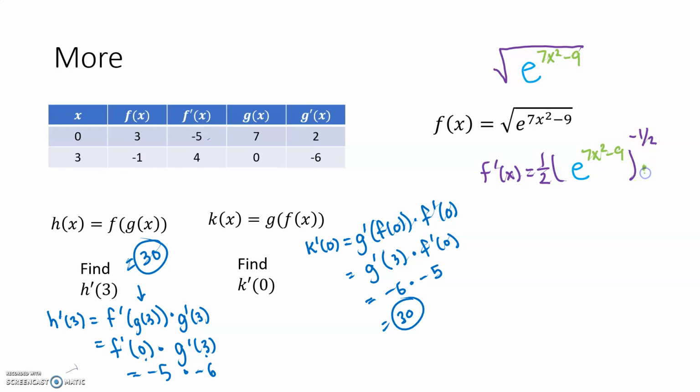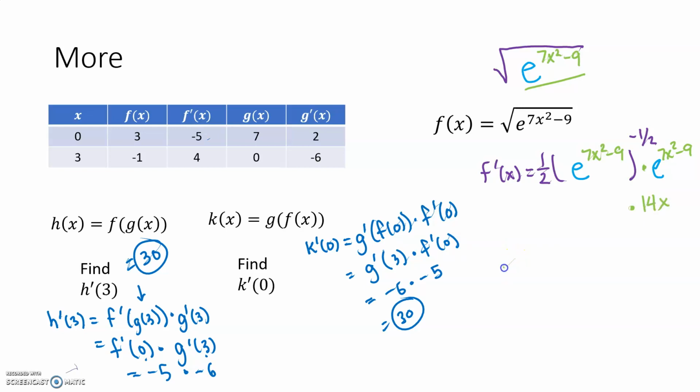Okay, now I'm going to take the derivative of this function. So that would be e to the, with the baby left alone, right? So that'd be e to the 7x squared minus 9. And then I'm going to multiply times the derivative of the baby. So it would be times 14x.